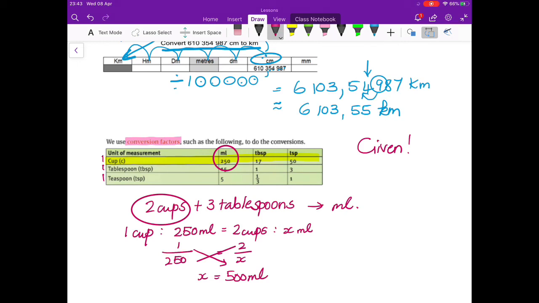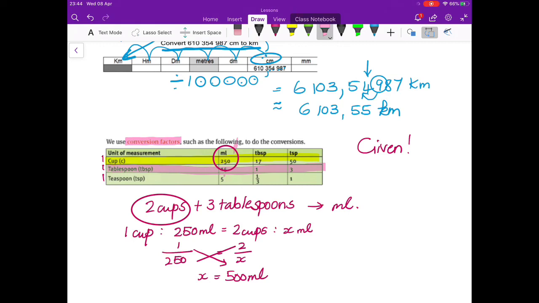I've now done the cups, but what about the tablespoons? I go back to my table and look for tablespoons. 1 tablespoon is how many milliliters? It is 15.